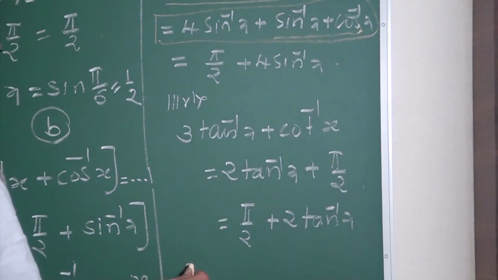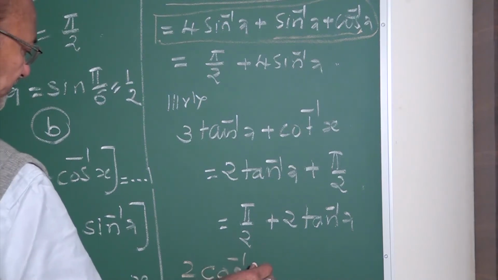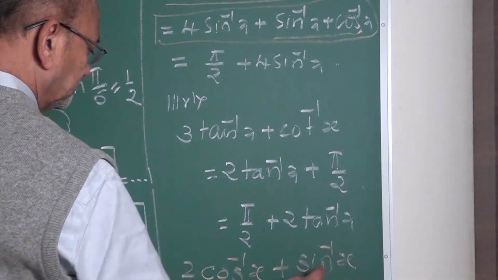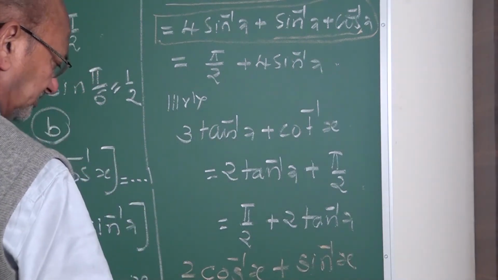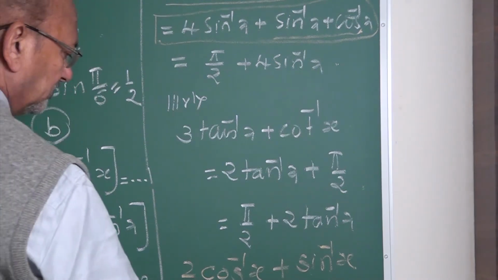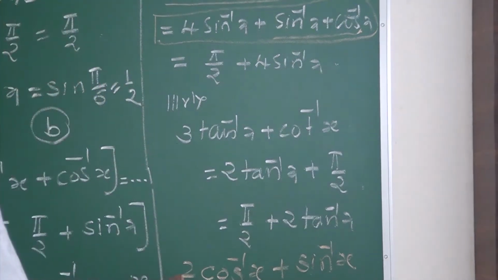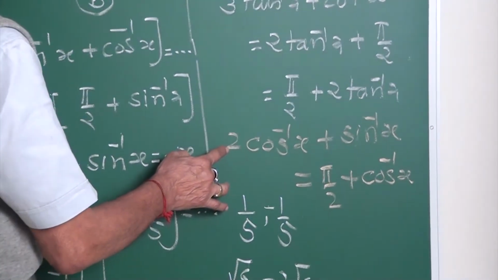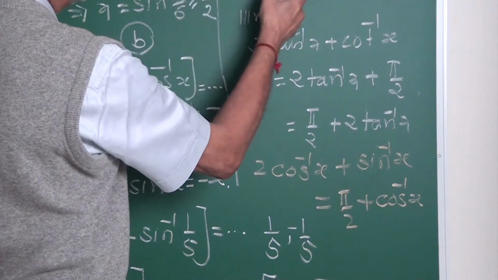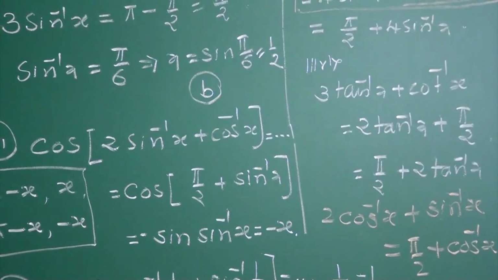Like that, if it is 2 cos inverse x plus sin inverse x, cos inverse x plus sin inverse x is pi by 2, then pi by 2 plus one less cos inverse x. Pi by 2 plus one less, 5 becomes 4. Remember this, my friends. We use this while doing the examples.